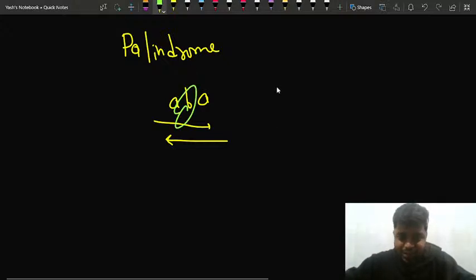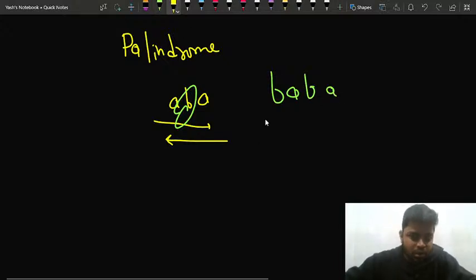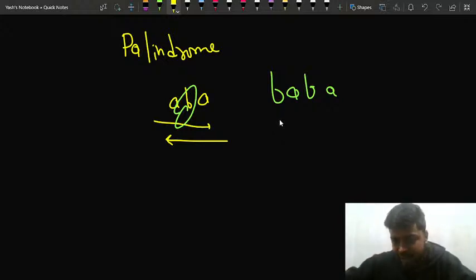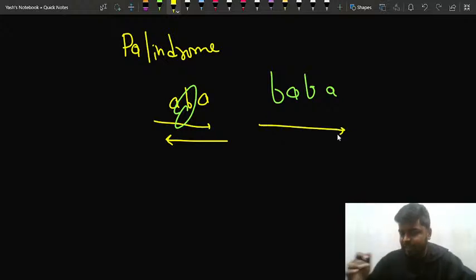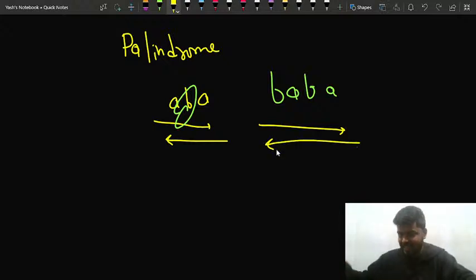If I had a string, let's say BABA, which is very famous, this string is not a palindrome. Why? Because from left to right it reads as BABA, and from right to left it reads as ABAB. So ABA was a palindrome, BABA is not. Can we take some more cases?